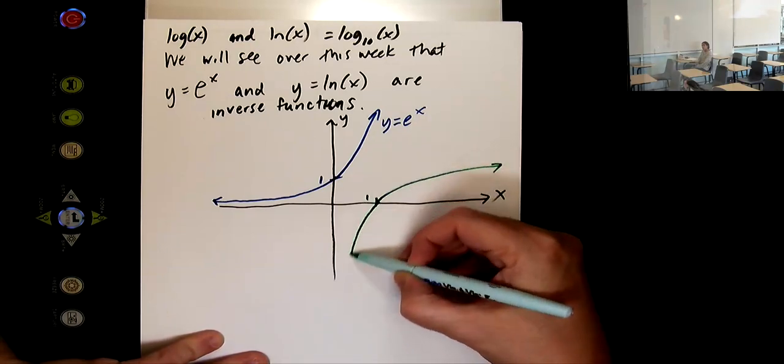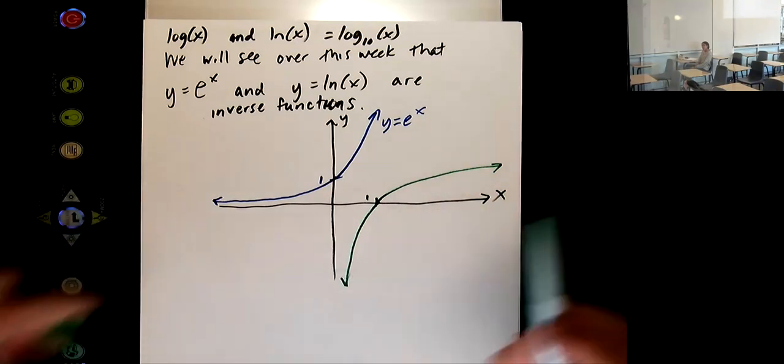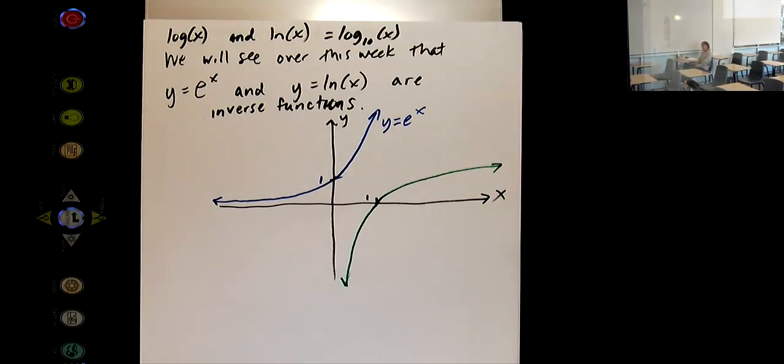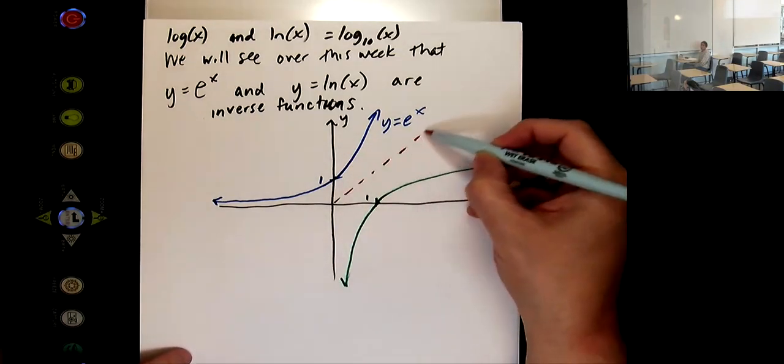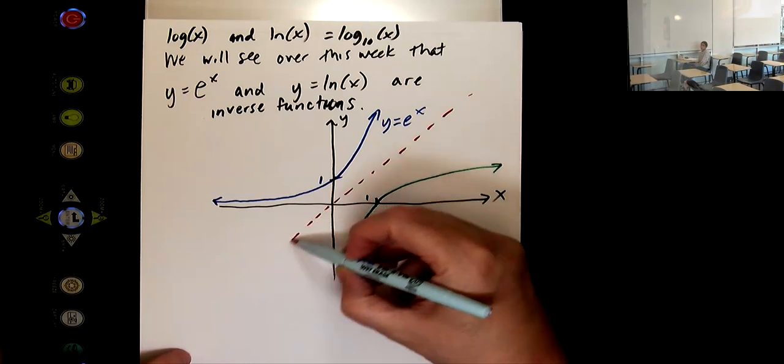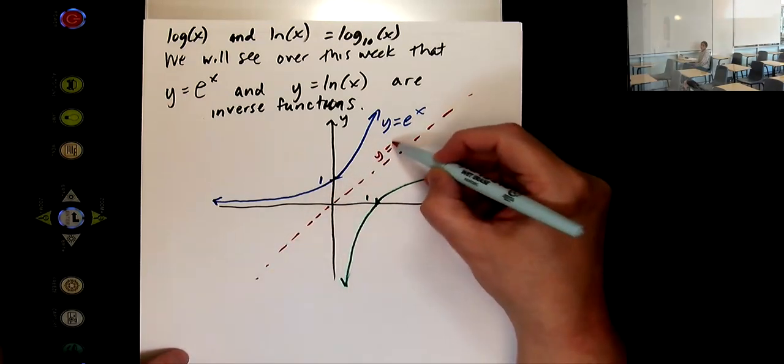It has y equals 0 as a vertical asymptote, or x equals 0 as a vertical asymptote. These look like mirrors of each other over the y equals x line.